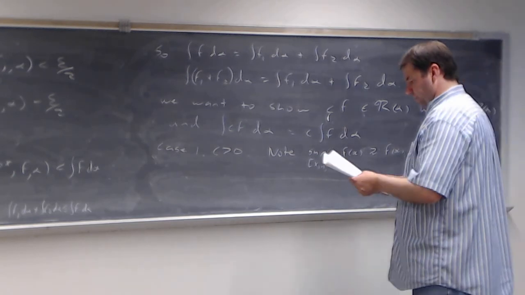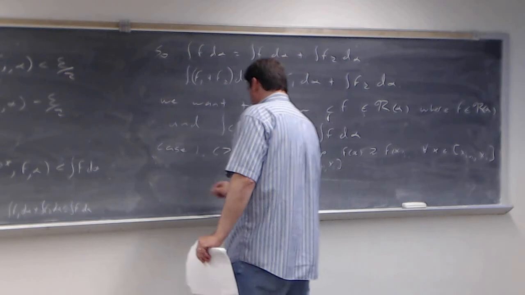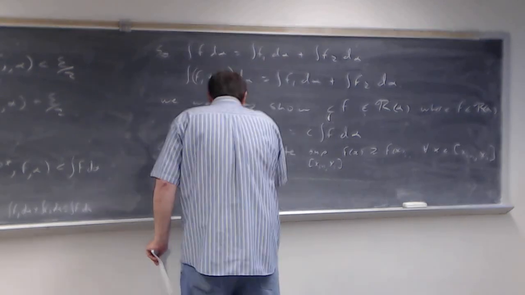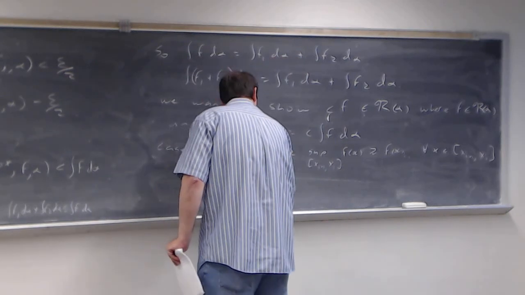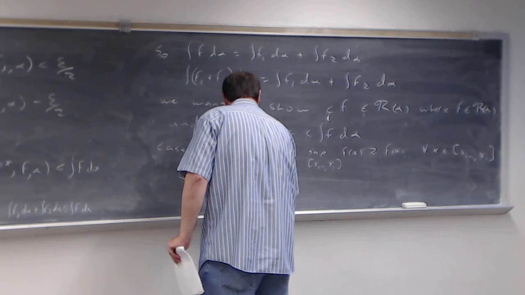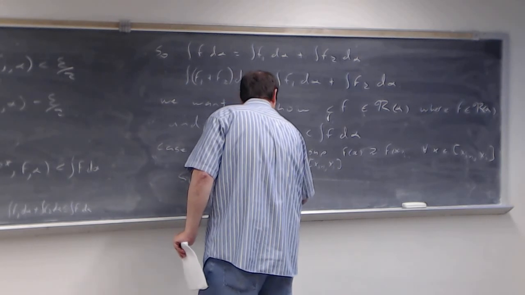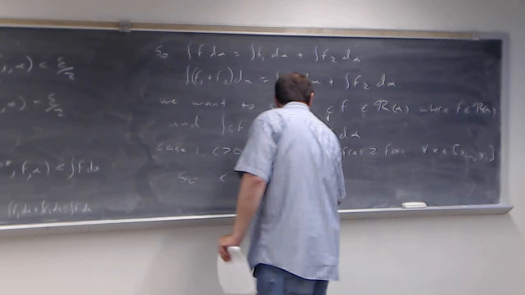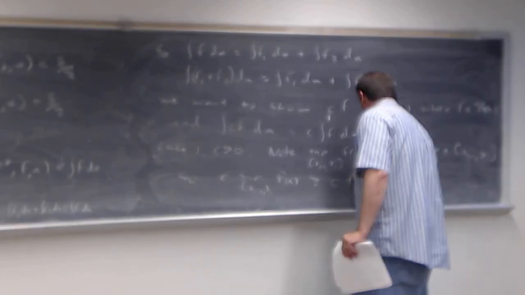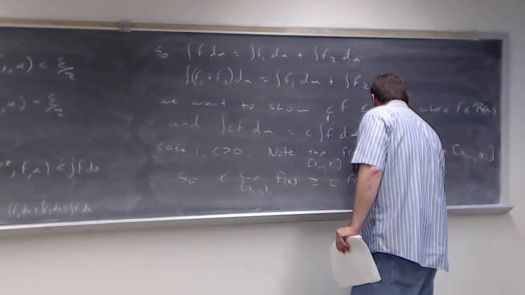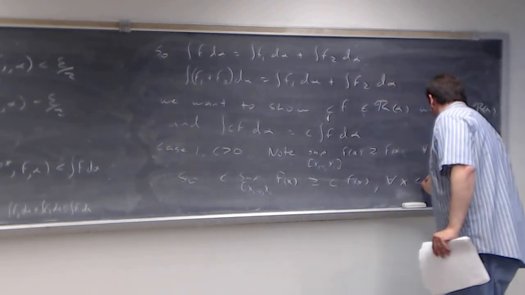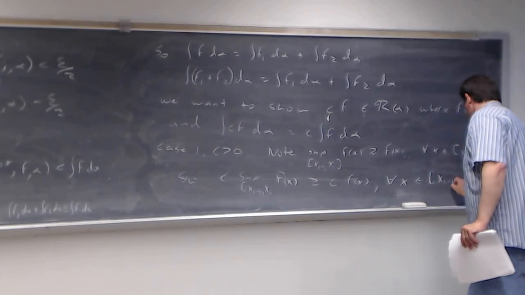So there we have that. And so, since C is positive, multiplying both sides of this inequality by C, we get C times the sup over x sub i minus 1 up to x sub i of f of x is going to be greater than or equal to C times f of x. And that's for all x elements of one of these subintervals.